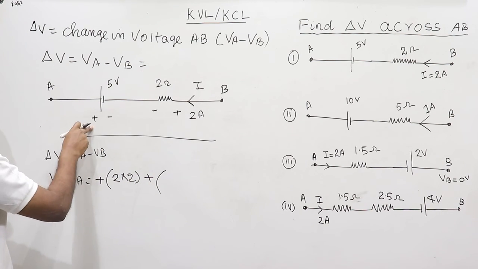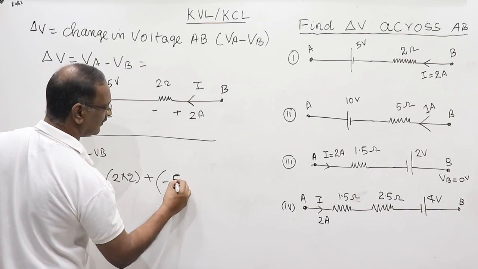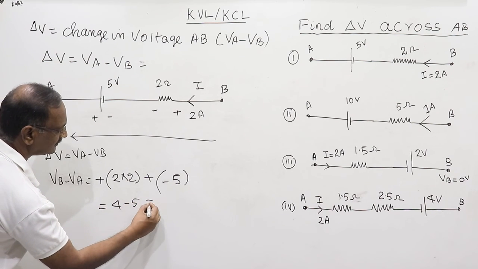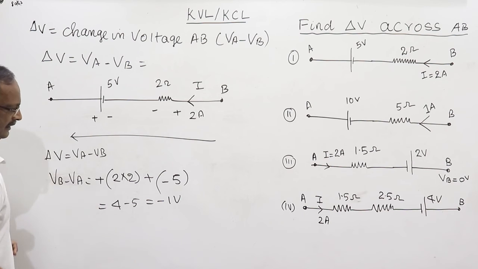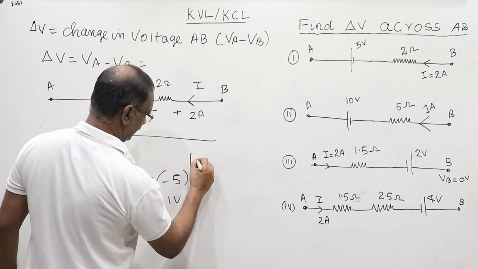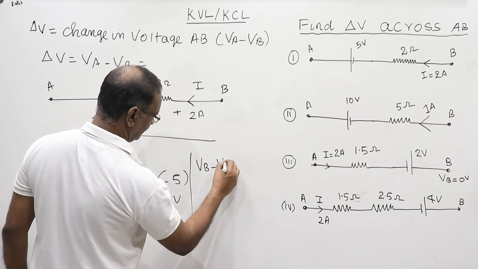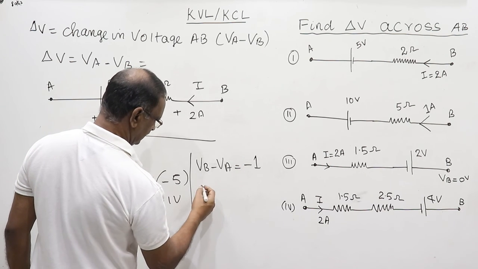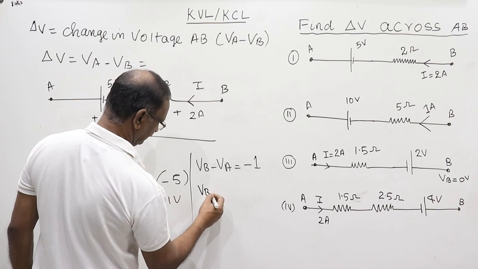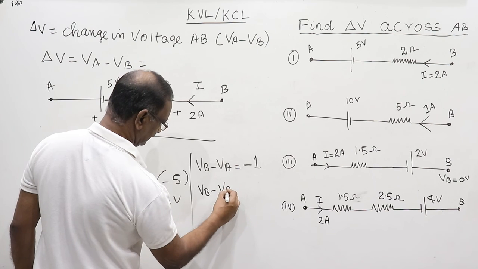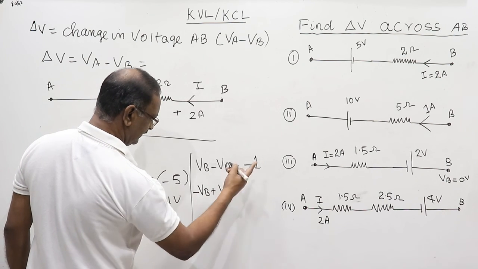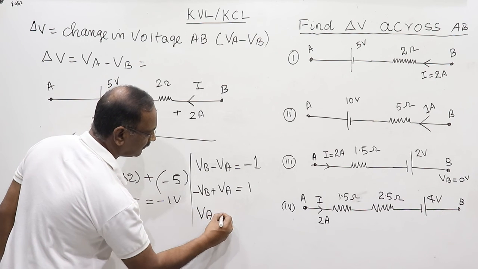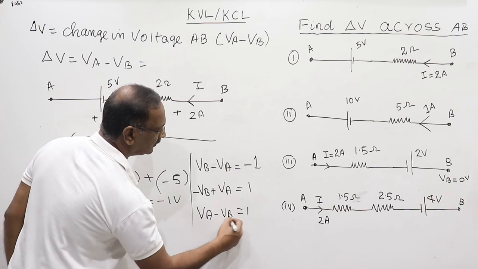What is the voltage? From negative to positive we are moving, so minus 5. That is 4 minus 5, which is equal to minus 1 volt. That is VB minus VA is equal to minus 1 volt, or multiplying by minus, VA minus VB is equal to 1 volt.